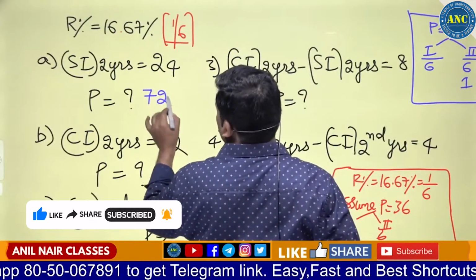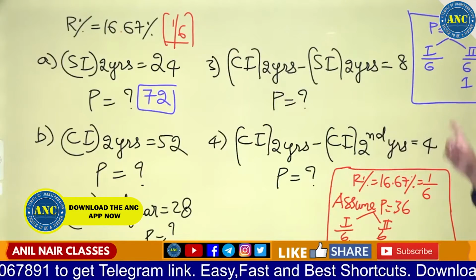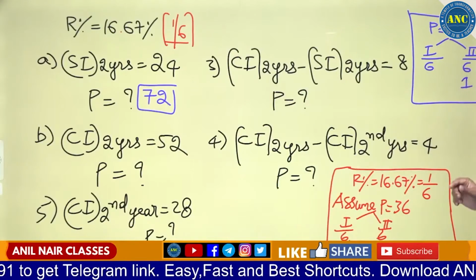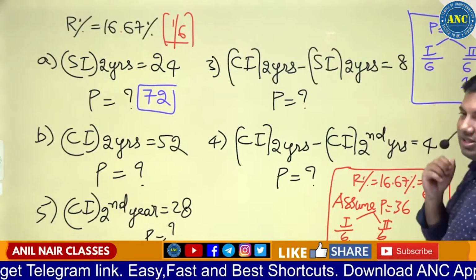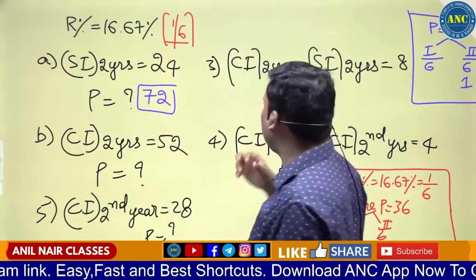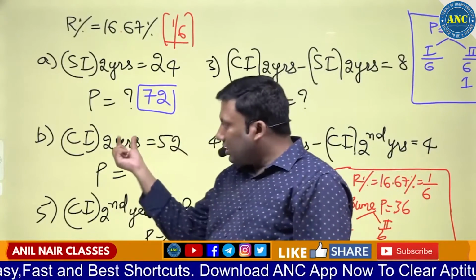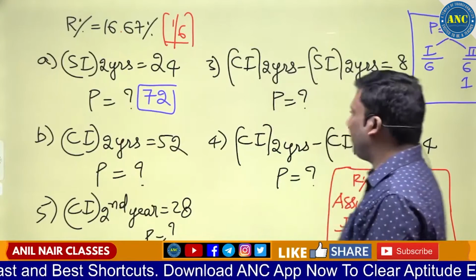Principal also becomes 2 times. 36 2s are 72. SI for first year, SI for second year, 6 plus 6, it is 12. 12 is becoming 24. 12 2s are 24. 36 2s are 72. CI for 2 years, it is 52.